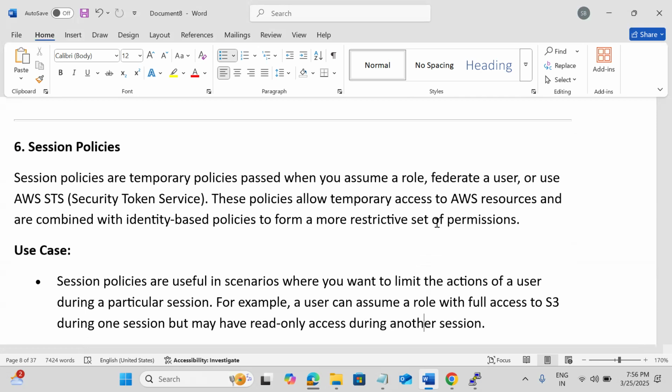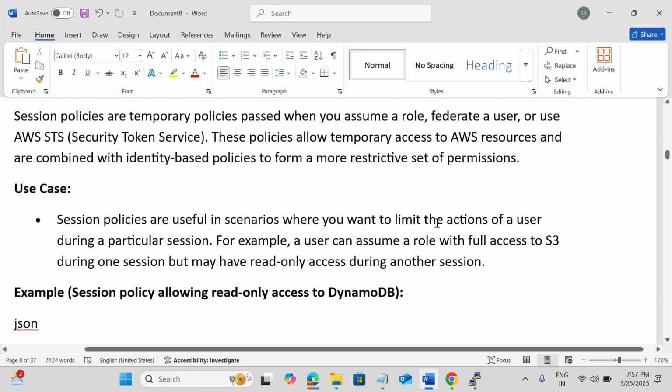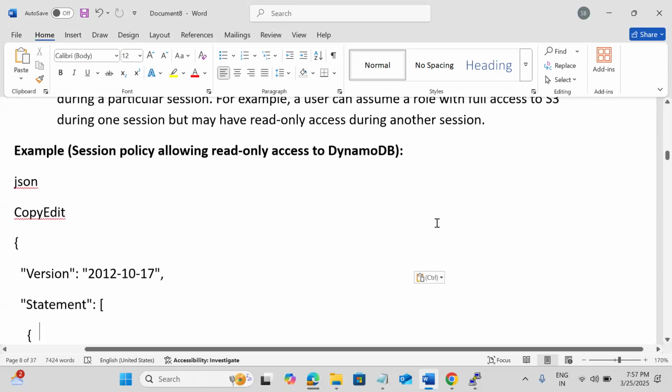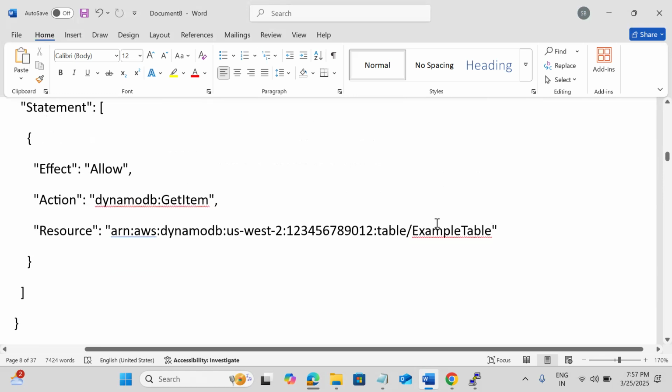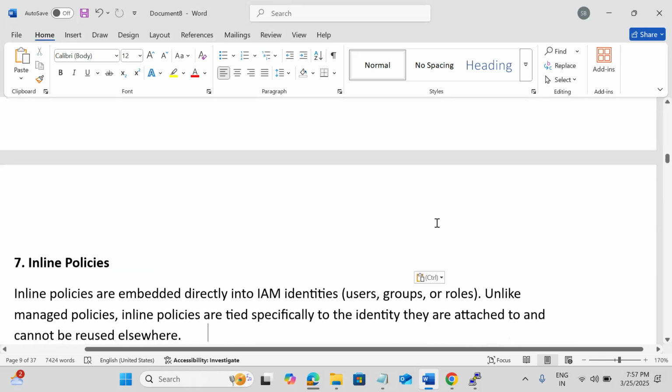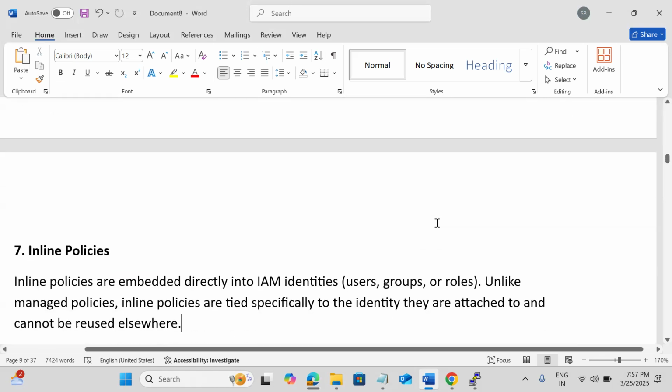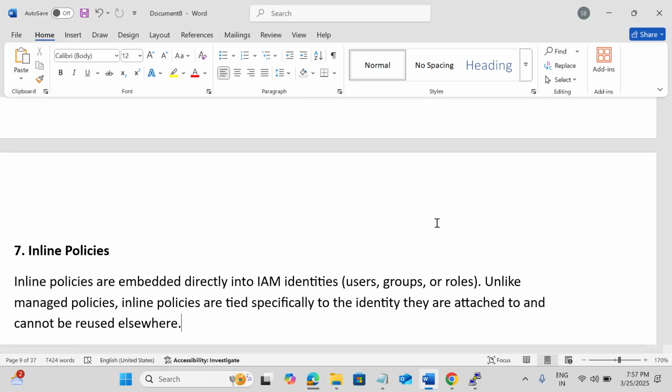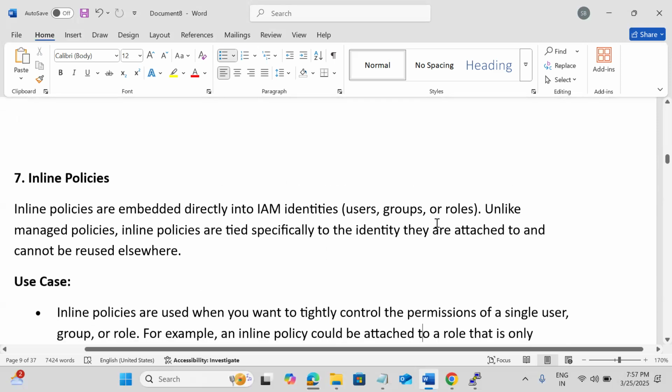So here, we use this kind of security policies in this scenario. I want to give temporary access, or I want to give access only one time. For that, I'm going to use session policies and inline policies.